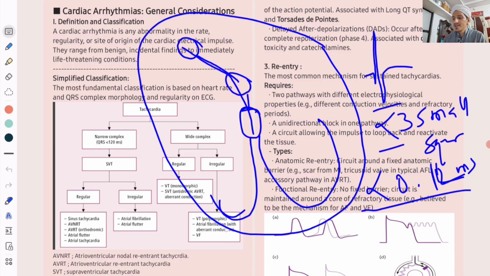But when the action potential is not utilizing this normal conduction system, either because the action potential is generated in the ventricles, or the connection between the ventricles is slow, the depolarization spreads slowly.